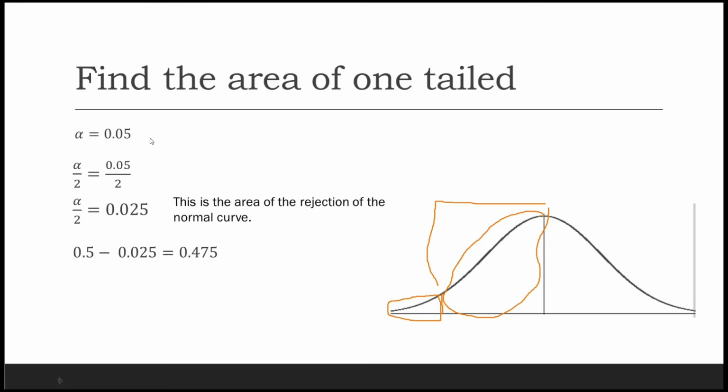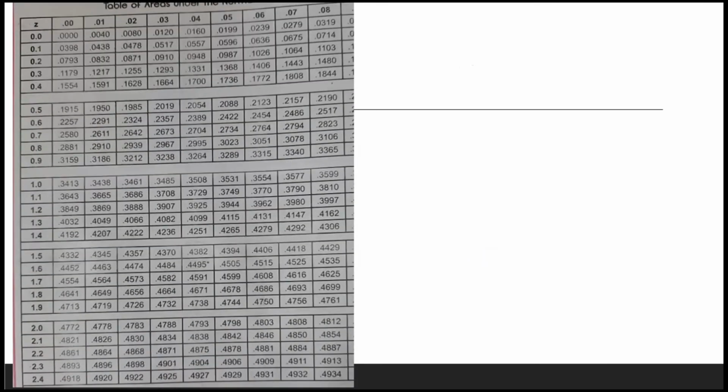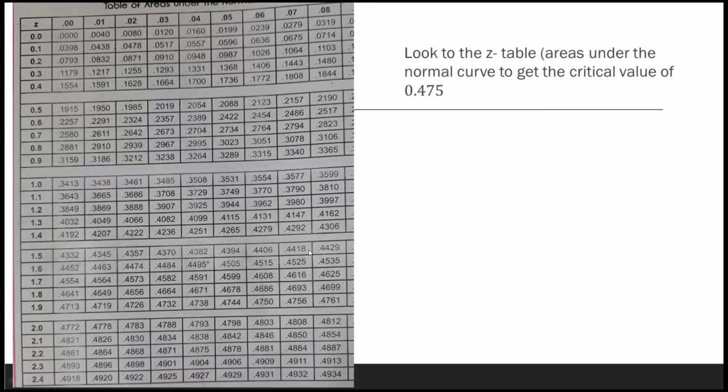So, most commonly, ang ginagamit kasing level of significance is either 0.05 or 0.01, which is 5% or 1%. So, here, since we have the area which is 0.475, so we will look the areas under the normal curve or the z-table. So, ang ating area is 0.475. So, nandito yon.